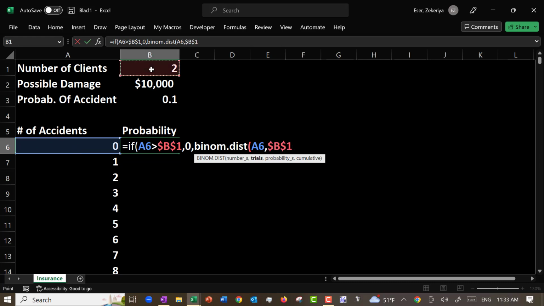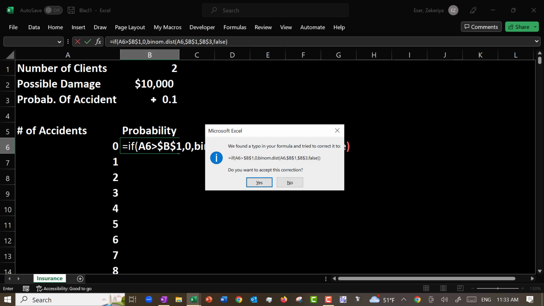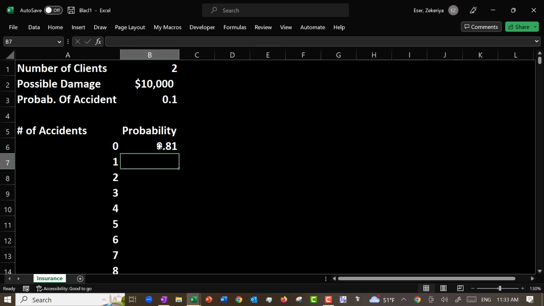What's the probability of S, which is called a success? In this case, a success is an accident. The last argument, do you want a cumulative? I don't want a cumulative. I want the probability of exactly that.